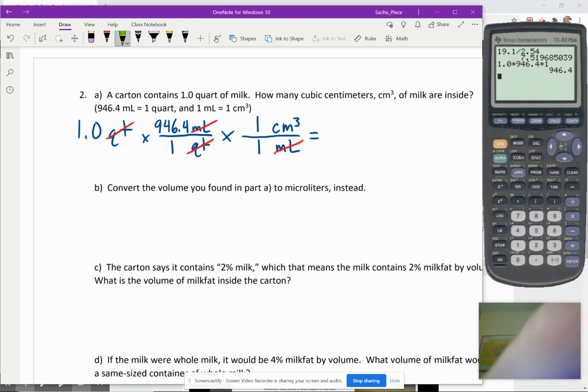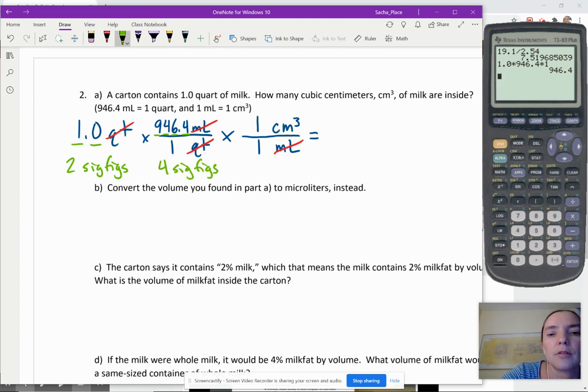When I decide what to write down, though, I have to think about significant figures again. That 1 quart, that's a measured value, right? That's the quantity of milk they say they've put in that carton, and it's not exact, right? That has 2 significant figures. This next conversion factor, 946.4, that has 4 significant figures. So we have something with 2 sig figs and something with 4 sig figs.